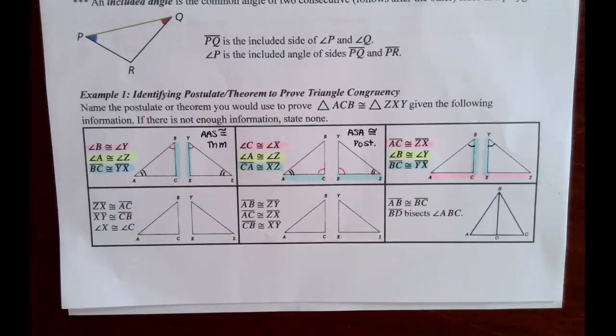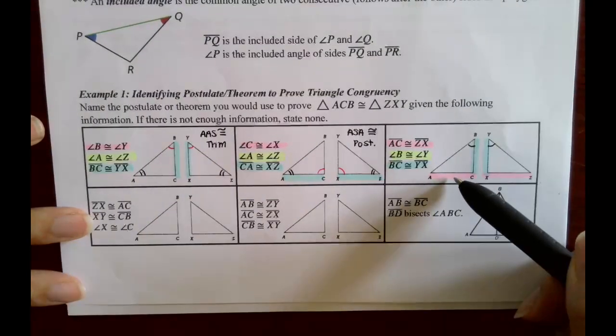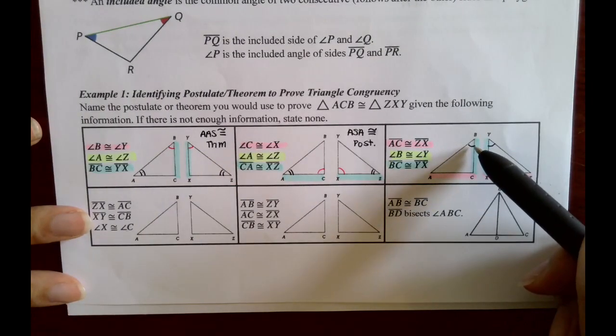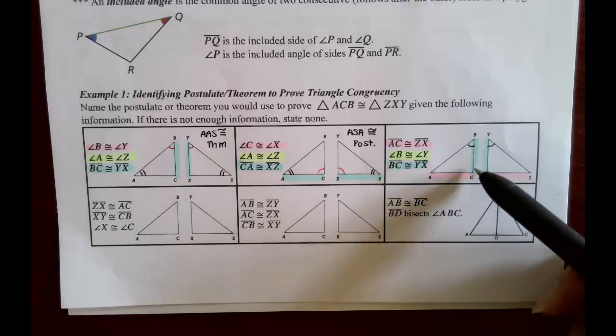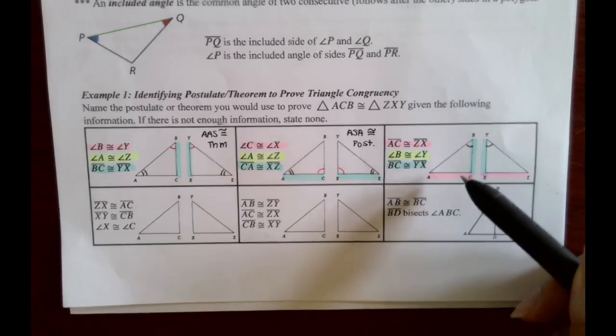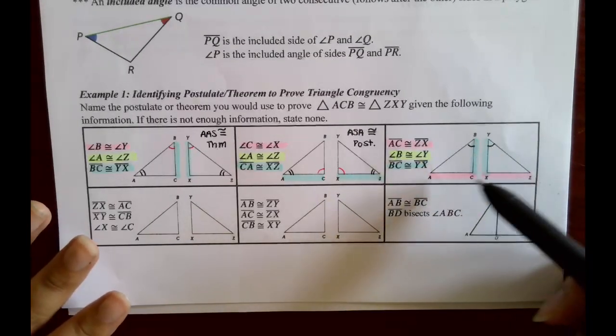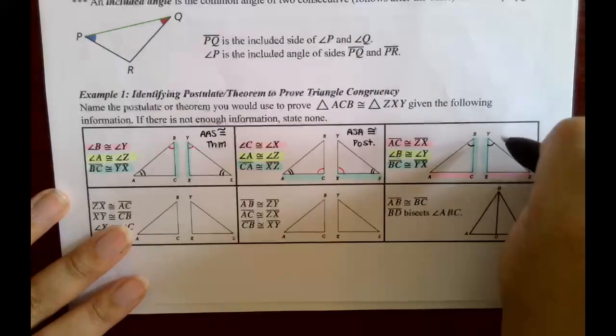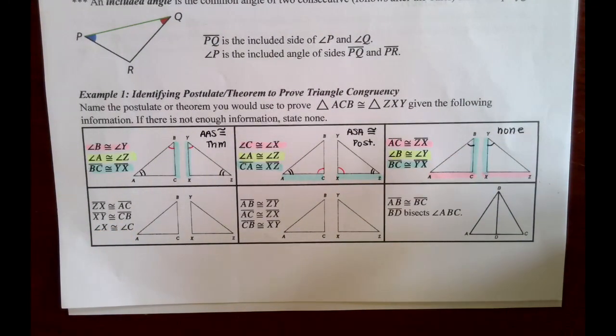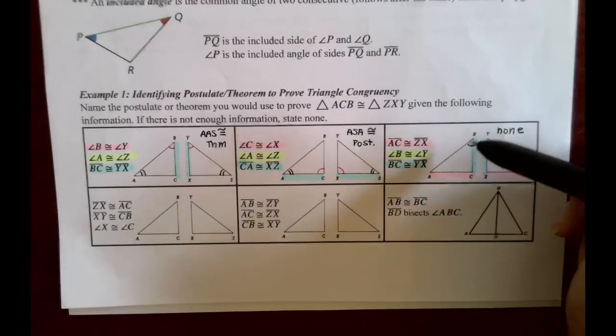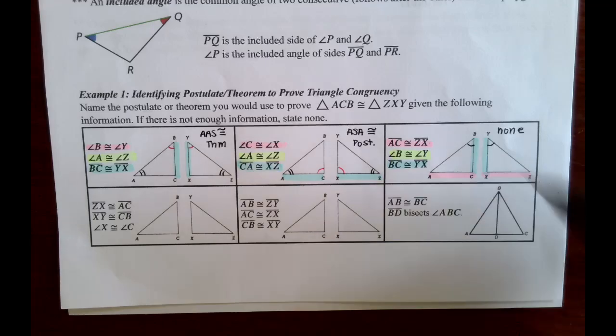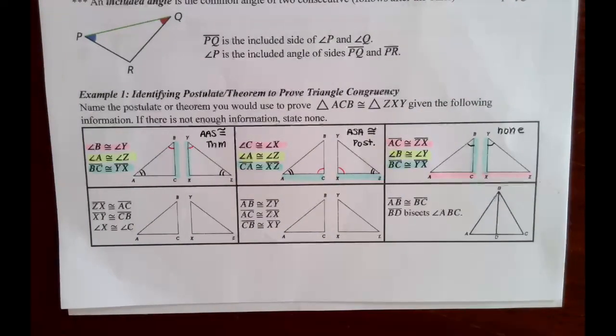Okay. So here, this is in order side, side, angle, or SSA. So we do not have a side, side, angle, so that means we don't have enough information to prove that they are congruent. And the reason why is because I can create another triangle that has side, side, and that angle that isn't congruent to this one. So this one, there's not enough information to prove they're congruent.